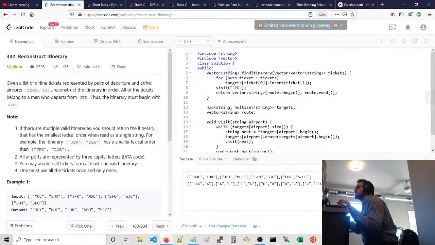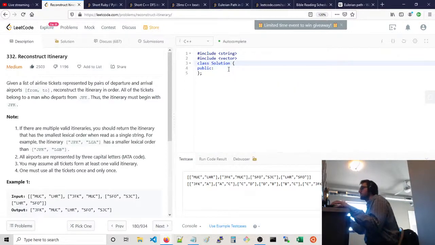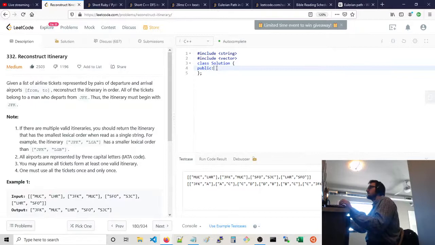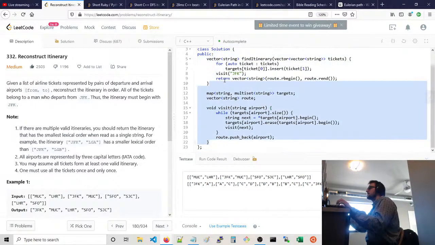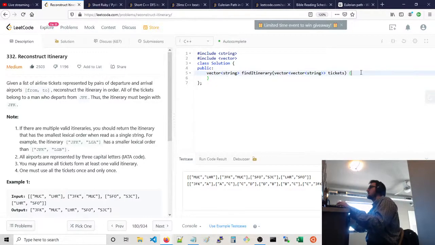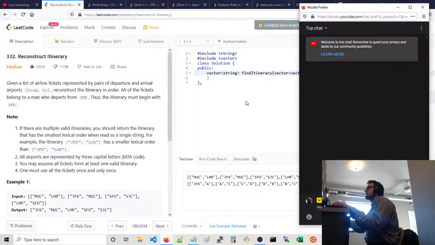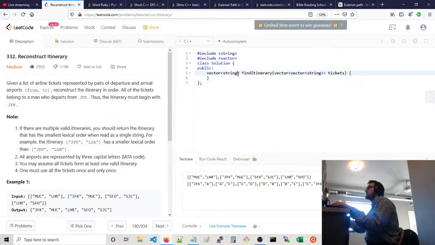So yeah, let's think about this. So what I would do is probably this first, because I tend to do that. Vectors and strings. Not going to modify these tickets.